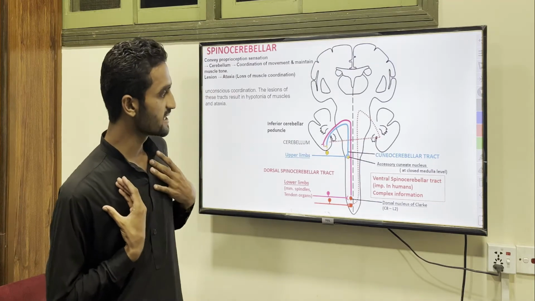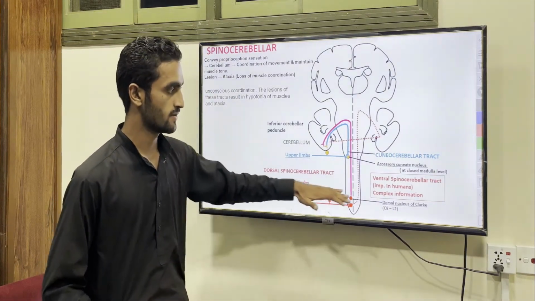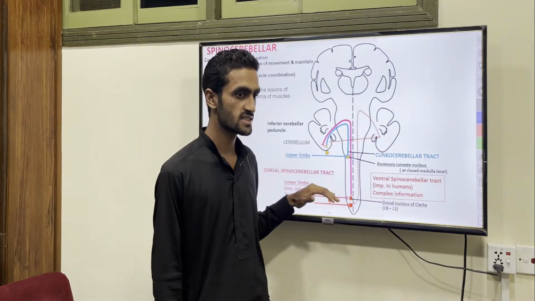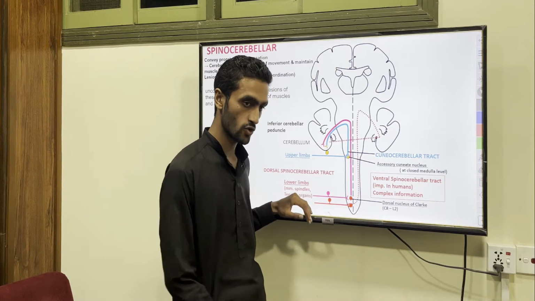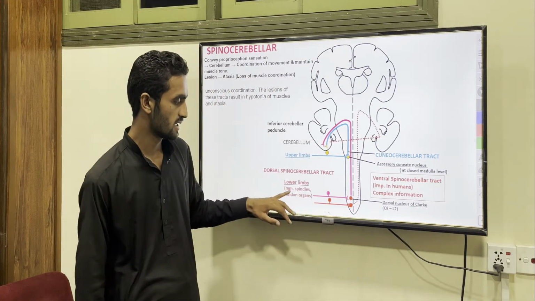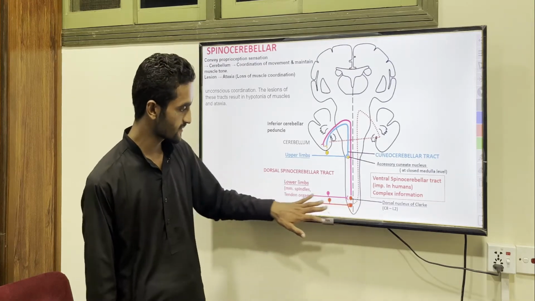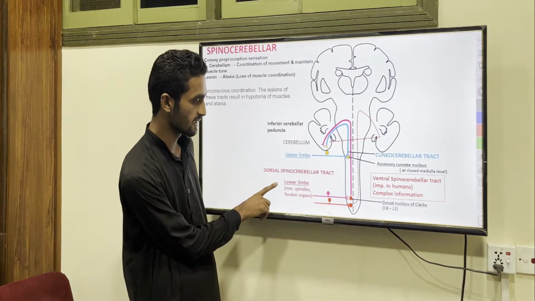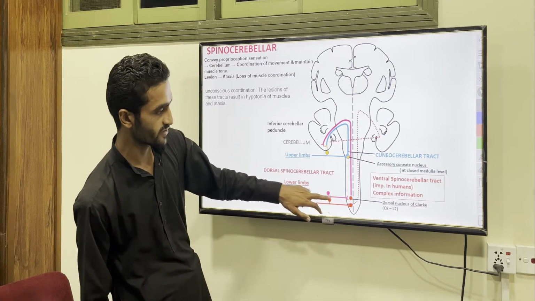We discussed the three pathways. One is the dorsal, one is the ventral. These dorsal and ventral tracts are associated with the cerebellum, lower limb muscle spindle and tendon organ, which is part of physiology. So let's follow the dorsal spinocerebellar tract.